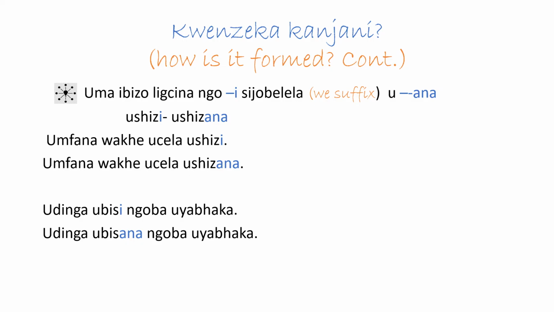When the last vowel of your noun is an I, then you suffix ana. This is the second rule that I've given you. We have looked at nouns that end in the vowel A and nouns that end in the vowel I, and for both we suffix ana.